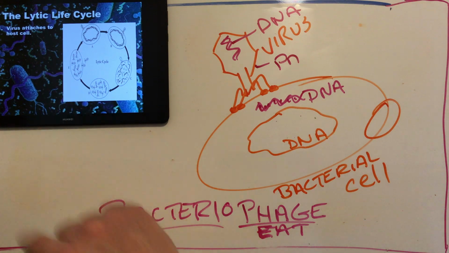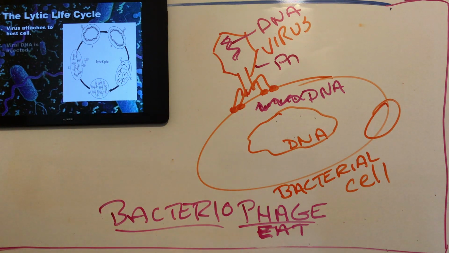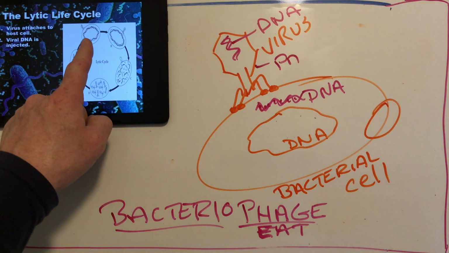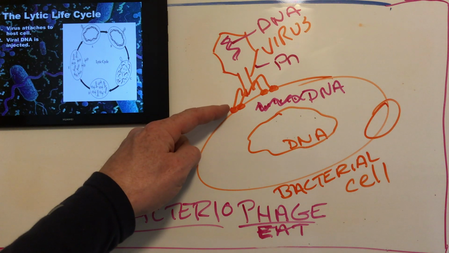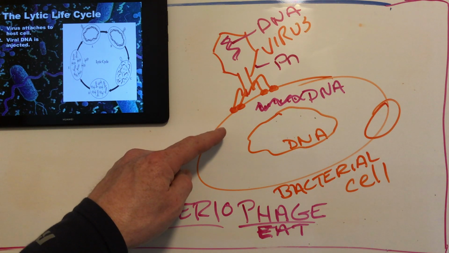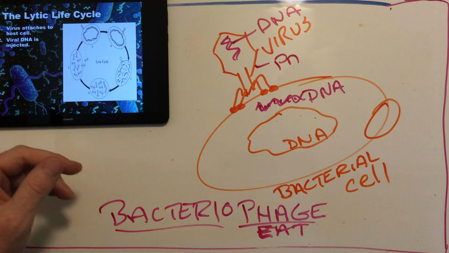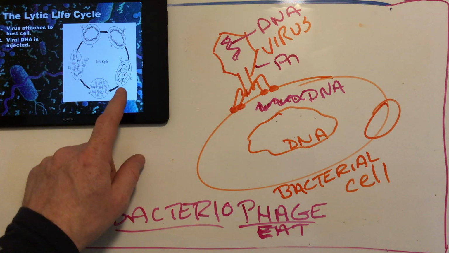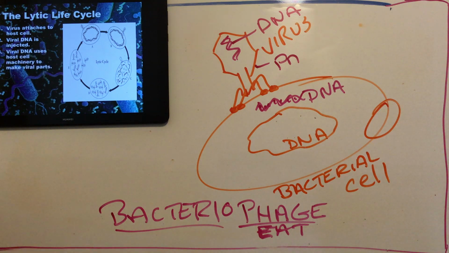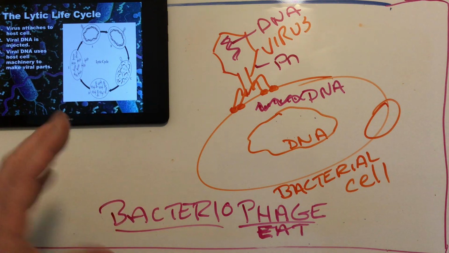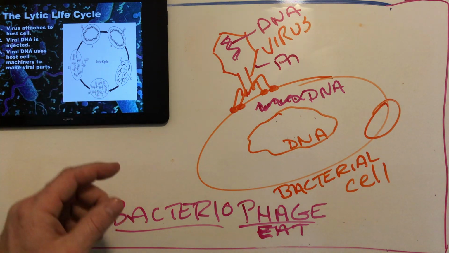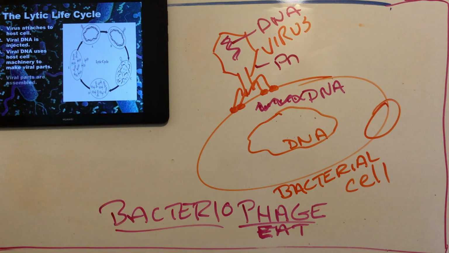So if we go to our PowerPoint note here, we look. We have the attachment here, the recognition between the viral proteins on the outer surface and the cell outer surface proteins. The viral DNA, I use DNA here, could be RNA as well, but DNA is injected. It takes over, tells the host cell's machinery, hey, don't listen to your own DNA, listen to me. Foolishly it does. We build up a bunch of viral parts.